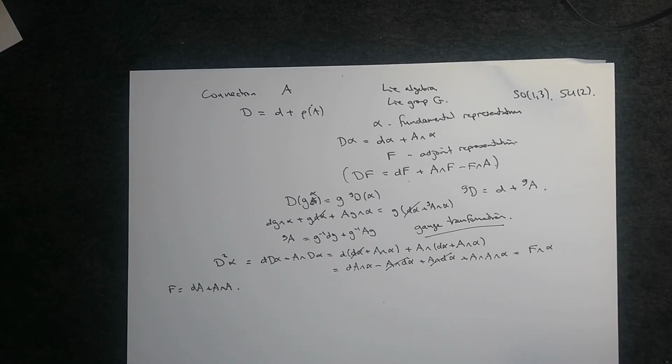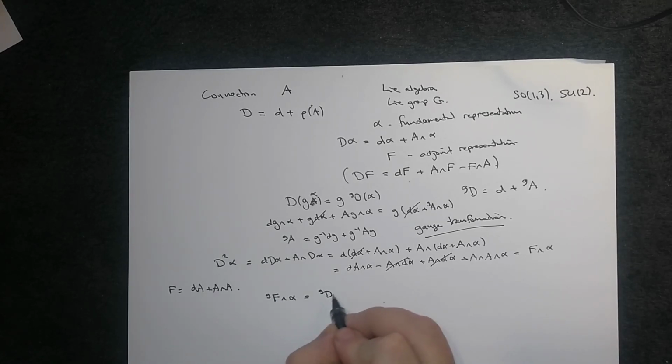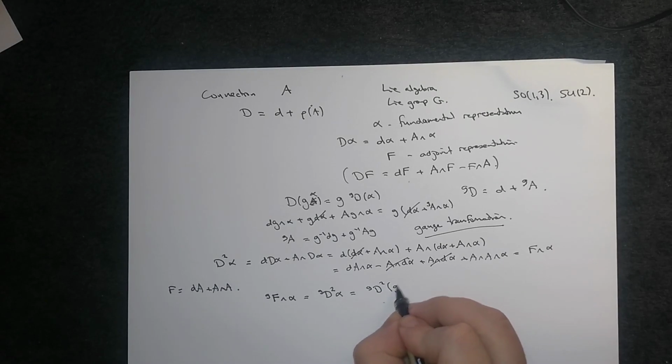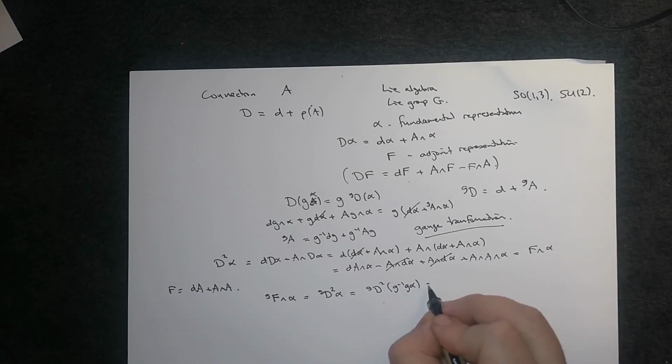Let's investigate the gauge transformation of the curvature, or the field tensor, as it's sometimes known. F_G wedge alpha is G D squared of alpha, and that's G D squared G to the minus 1 G alpha.